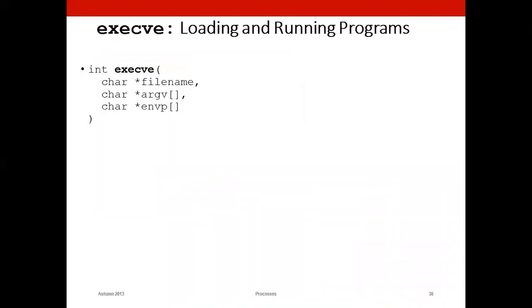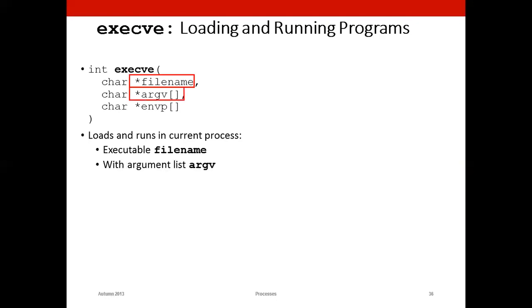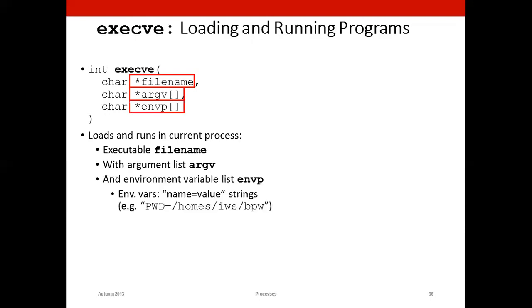Let's look at how exec-ing works in a bit more detail. Here we have the exec function that basically loads and runs a program in the current process. It takes three parameters: the file name of the executable containing the program we want to execute, the argv, which has the arguments that we want to pass into the function, and the envp, which is the environment list. Now note that execv does not return.